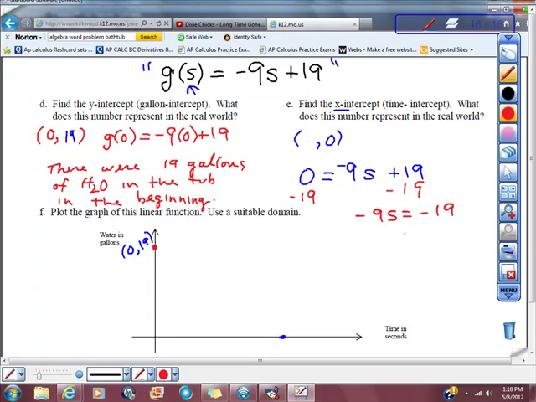Now what? Divide both sides by negative 9. S is equal to 2 minutes, and what's remaining? 20 seconds is what we're saying.